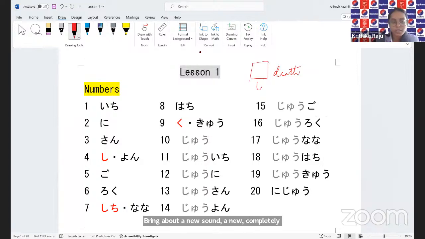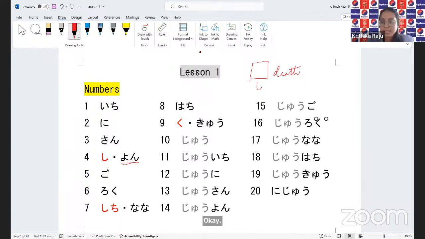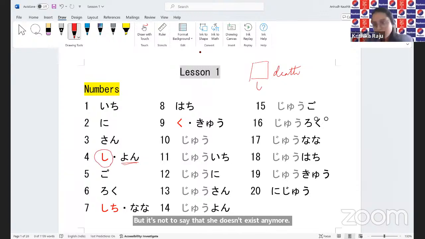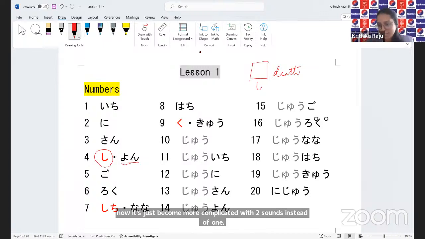And that's how you got yon. But it's not to say that shi doesn't exist anymore. To this day, shi is also used to refer to number 4. So now it's just become more complicated with 2 sounds instead of 1. Both shi and yon exist.